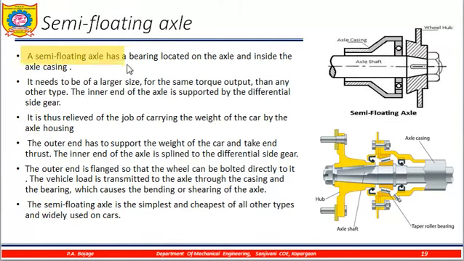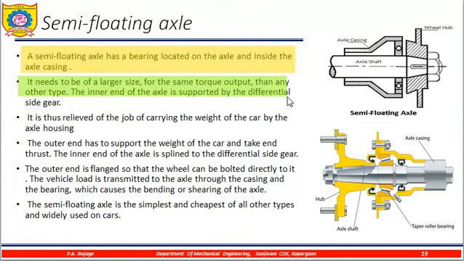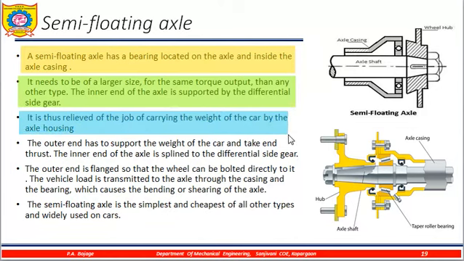A semi floating axle has a bearing located on the axle inside the axle casing. It needs to be of large size for the same torque output than any other type, and the inner end of the axle is supported by the differential side gear. It is thus relieved of the job of carrying the weight of the car by the axle housing.